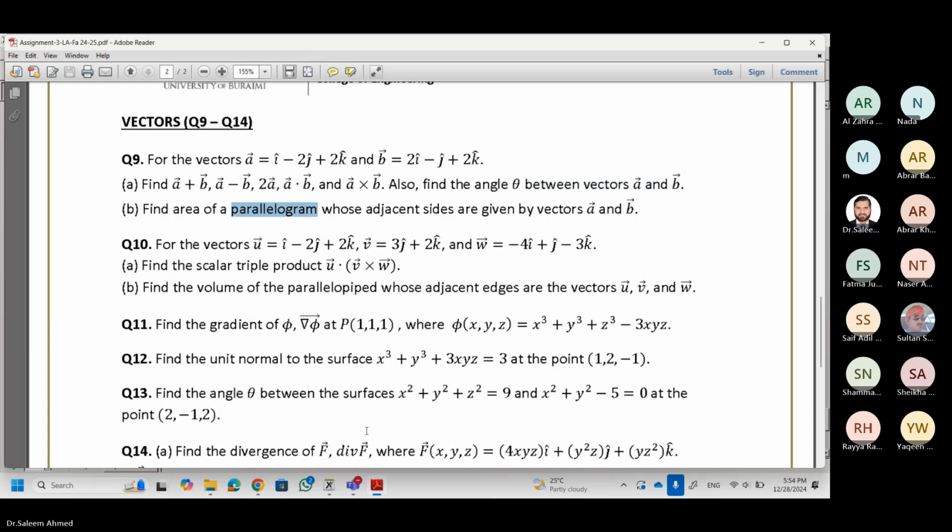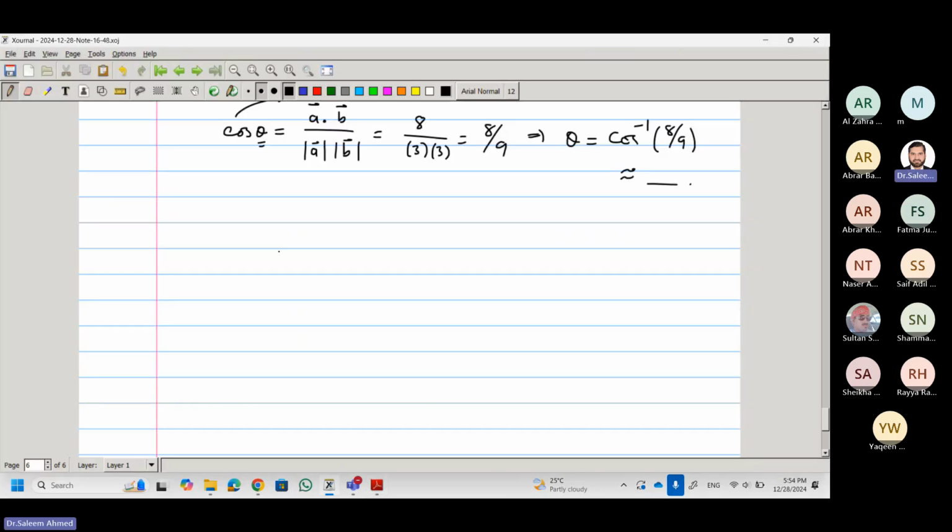See, we took the cross product of them, and we saw that the determinant of two vectors, if these are the two adjacent vectors A and B, the area of the parallelogram is also obtained by the absolute value of the cross product.